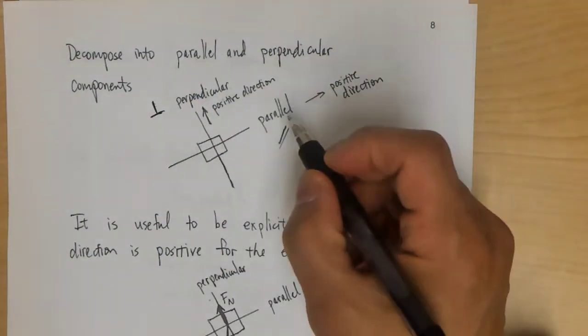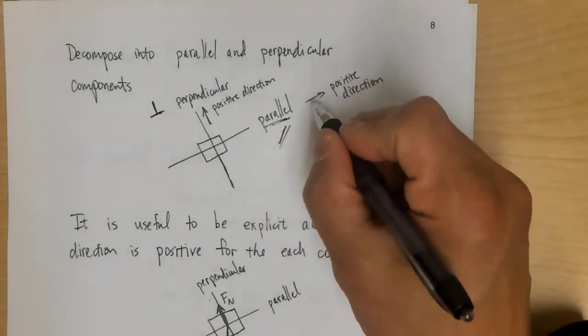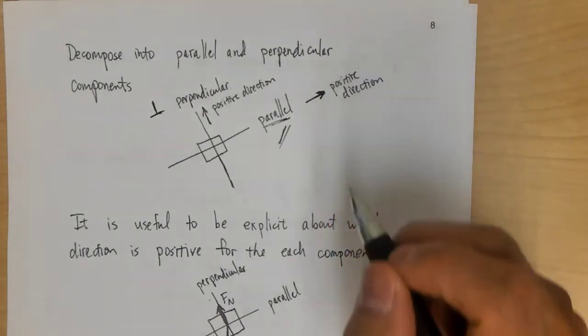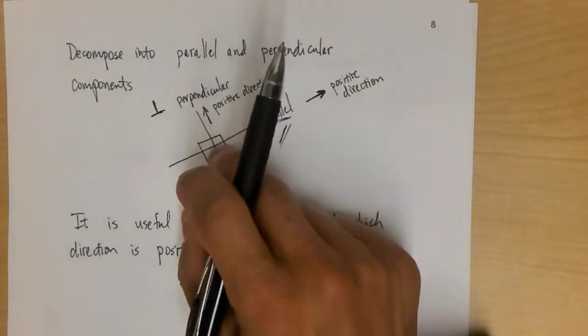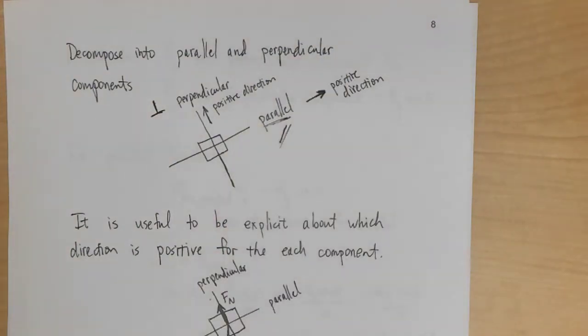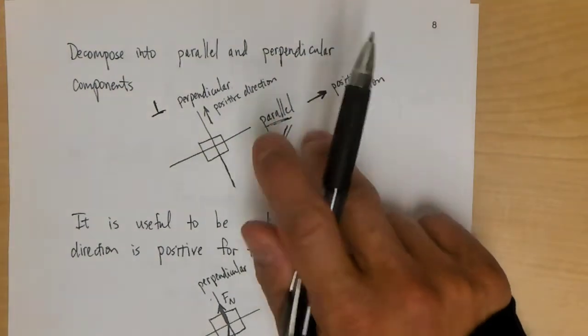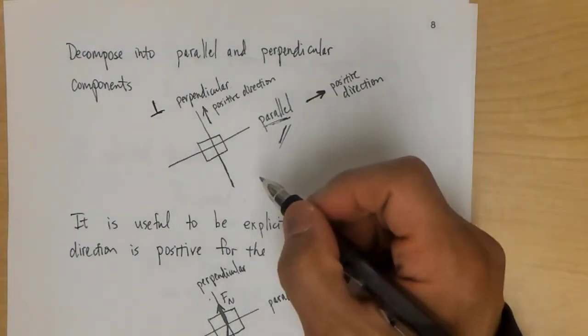Okay. So my convention will be that the positive parallel direction goes up the plane. The reason I like that is because we like to think of things pointing upwards as being positive. I know that if you just let it go, the object will fall down, but that's like gravity; things go in the negative direction. So we'll take the positive direction to be going up the inclined plane.